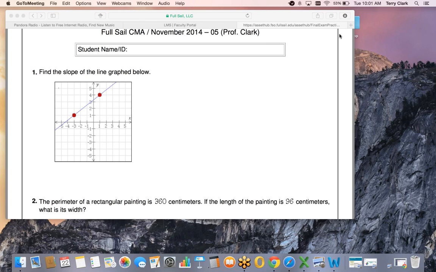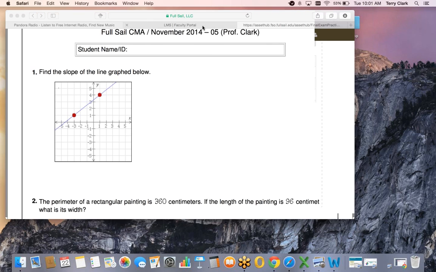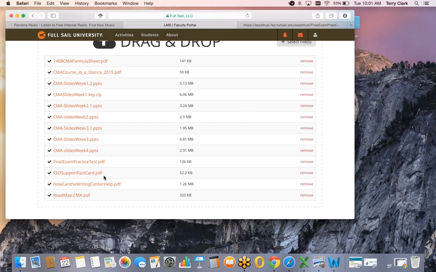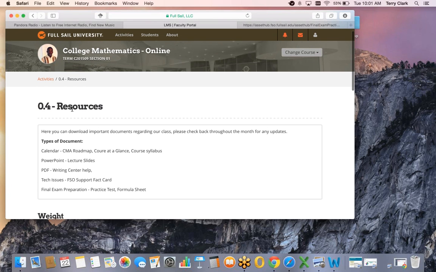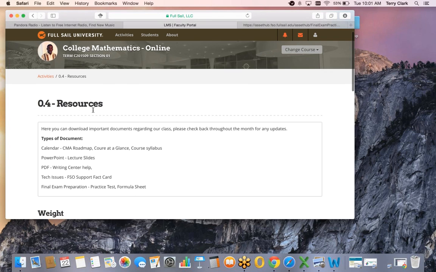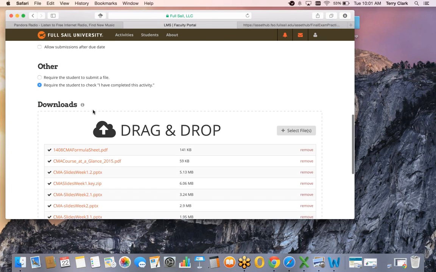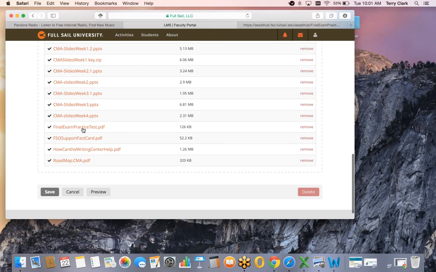Okay, now what I want to do is show you where the copy of the practice exam is. It's right here in the resource tab. Under the activities, when we look at the resource tab, we'll see practice exam.